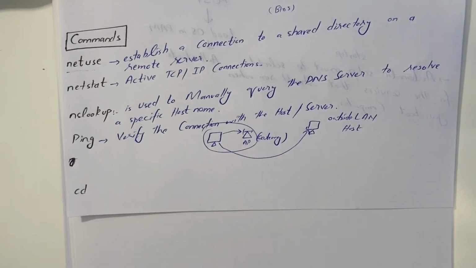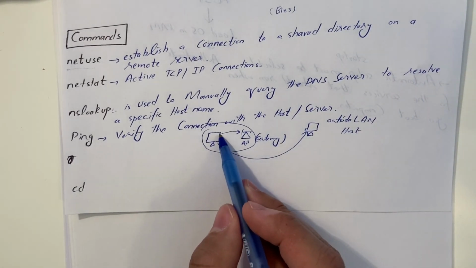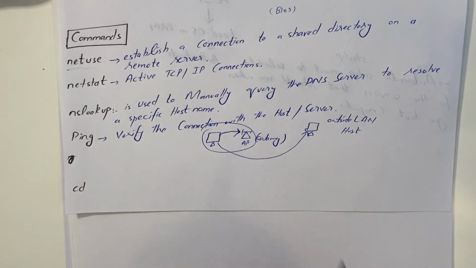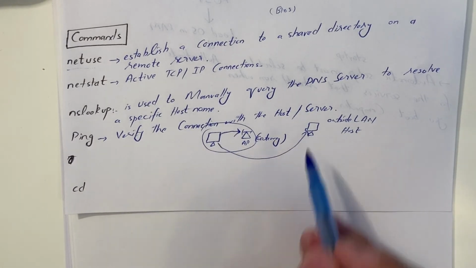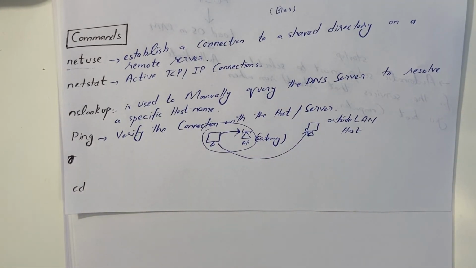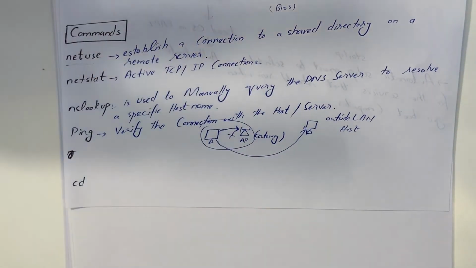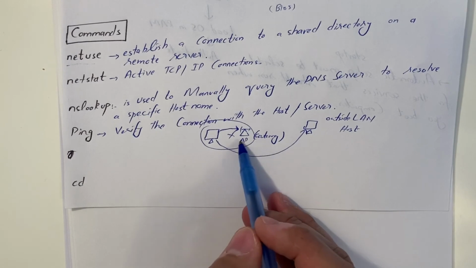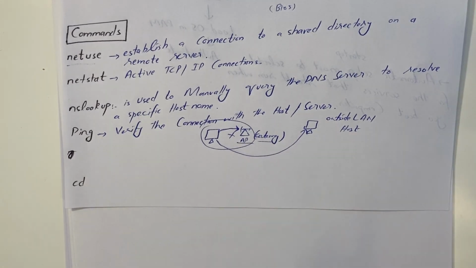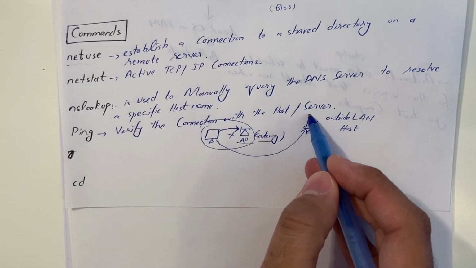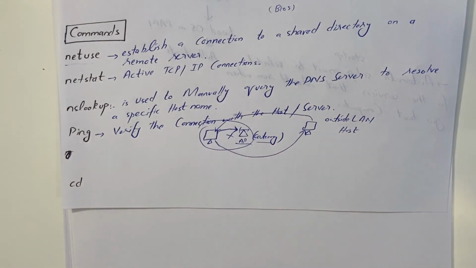Okay, I repeat. Let's say you sent one ping command to your gateway and a second ping command to the host outside the local area network. After sending the ping command, you didn't get any response from your access point or gateway router, but you got a response from the outside host. So what does it mean?